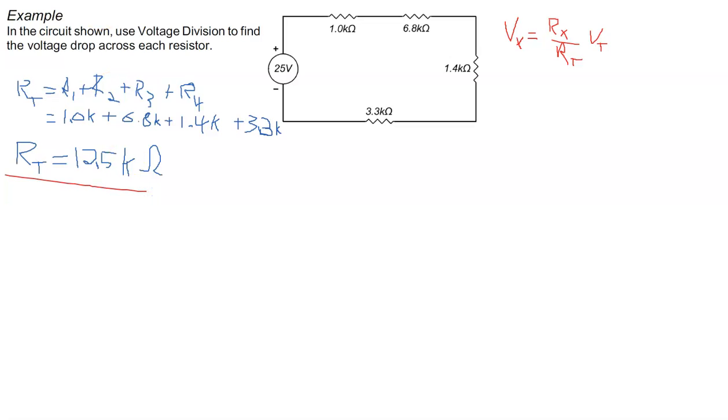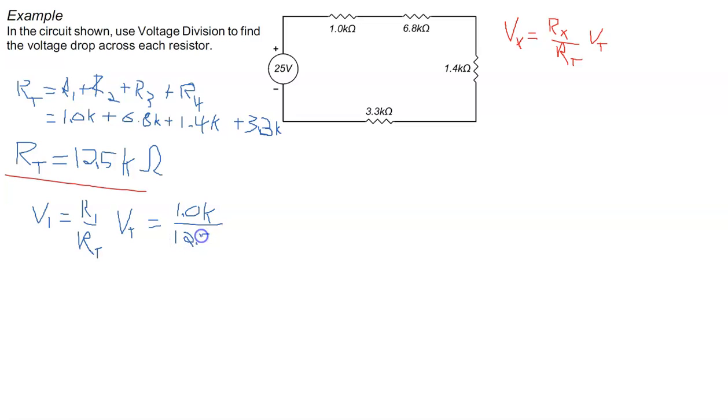So using the voltage division formula, I should be able to say now that V1 is equal to R1 over RT multiplied by VT. And so I have 1.0K, and I can leave out the K's now and do 1.0 over 12.5, right?